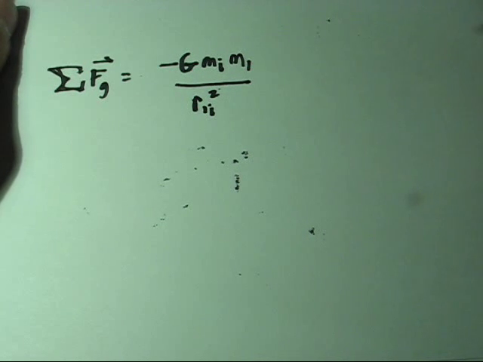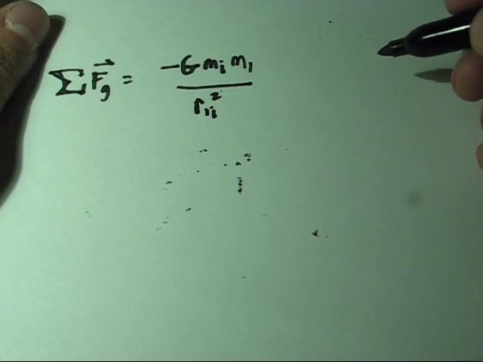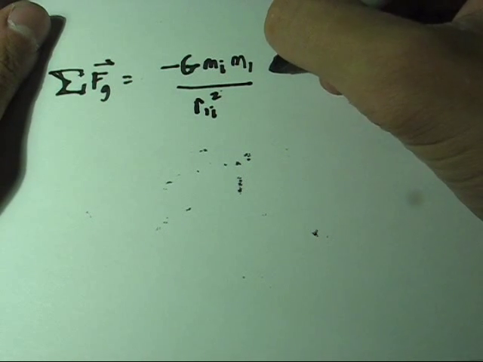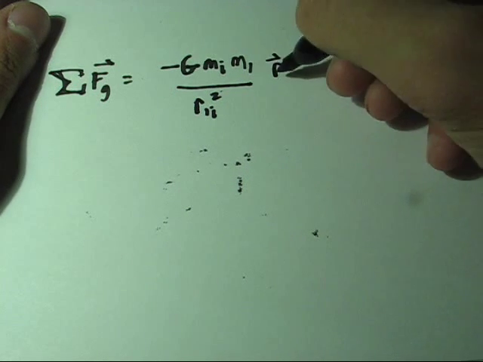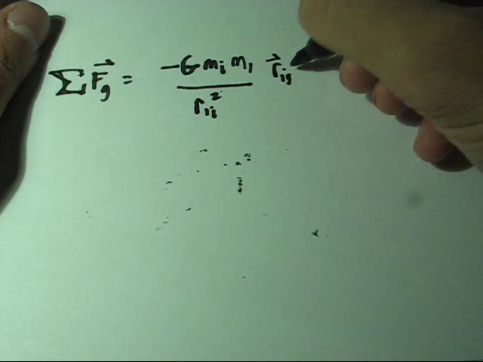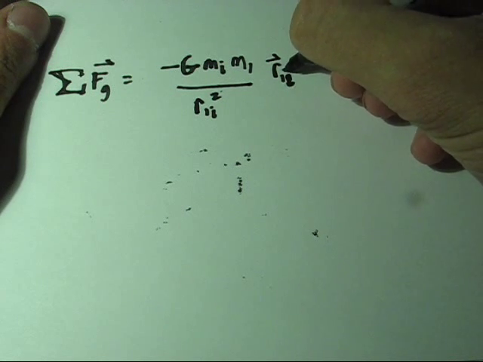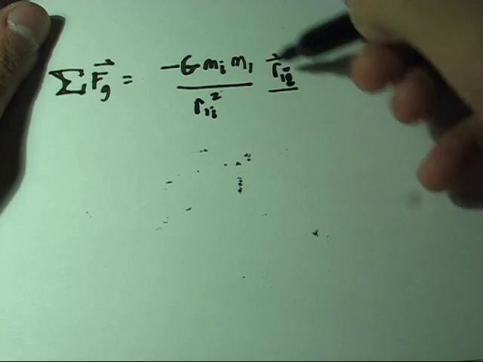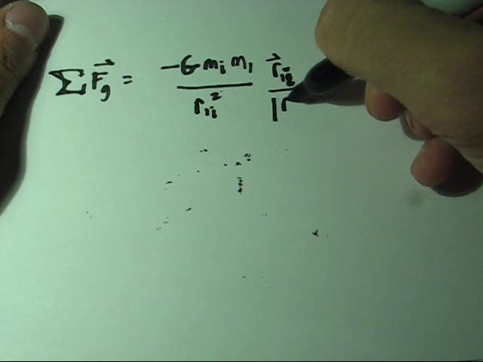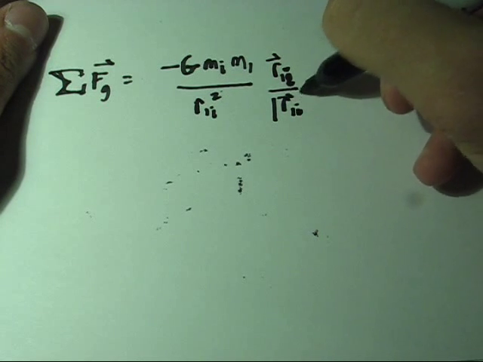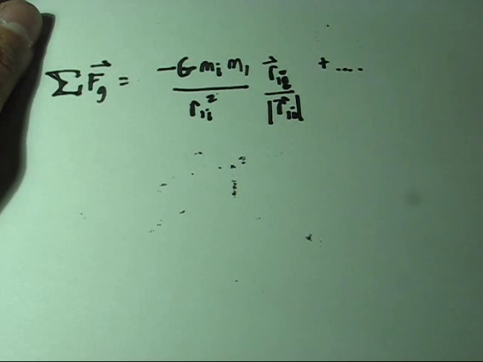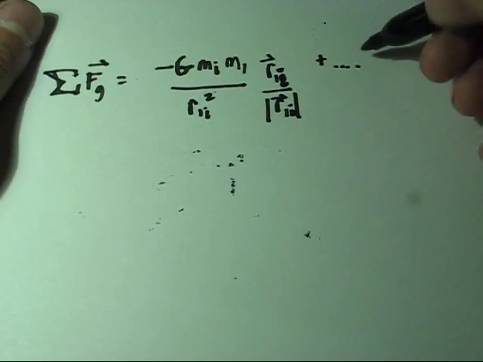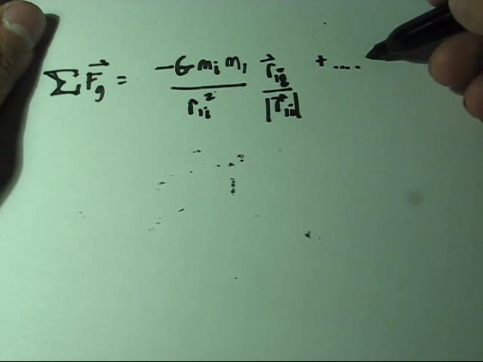Okay? And actually, since we're doing vectors, this is along the direction of r1i, and we only want the direction, so we divide by the magnitude of r1i. Okay? And then we just do that for 2 and 3 and all the way up to n.